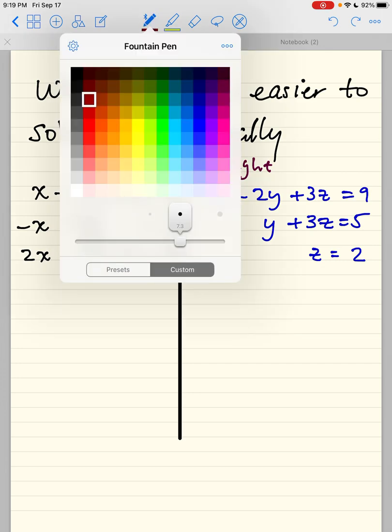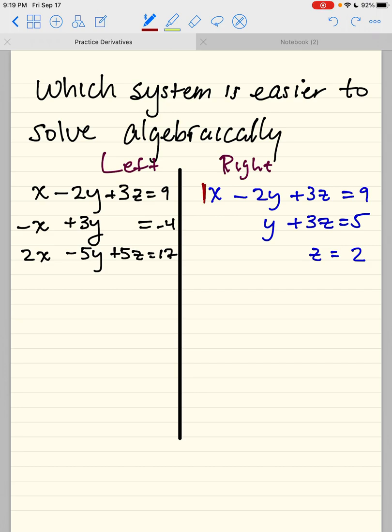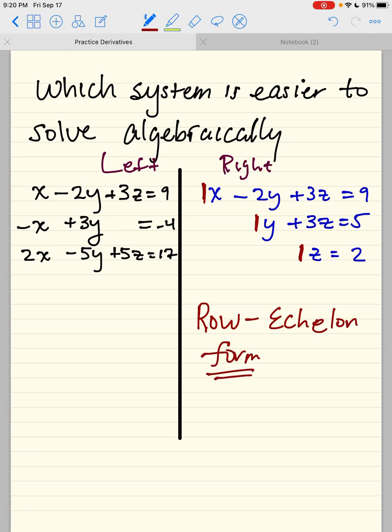So there's a 1 there, there's a 1 there, and there's a 1 there. If you get the leading coefficient to be 1 in this stair step pattern, you are in row echelon. Row echelon is going to be really important in linear algebra. So you want a 1 there, a 1 there, and a 1 there.